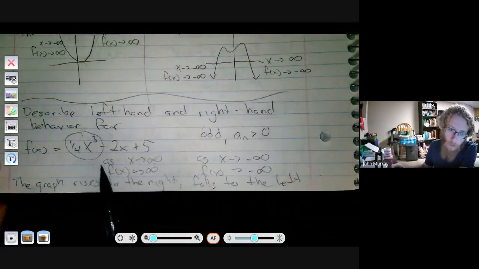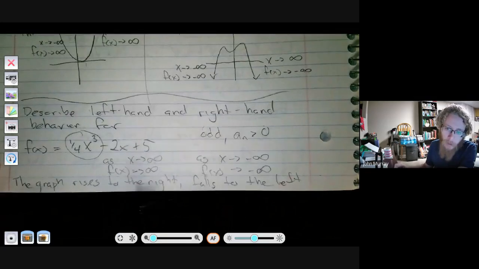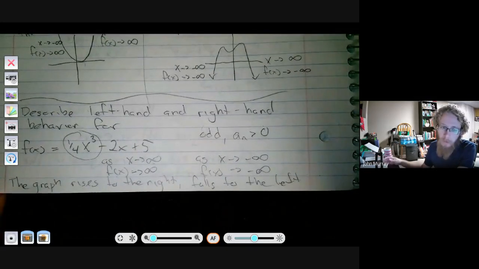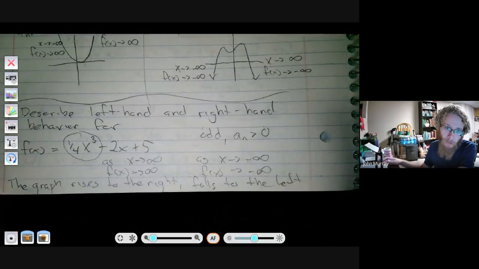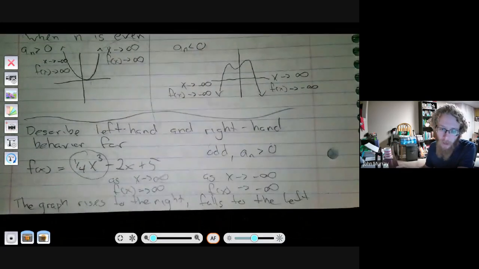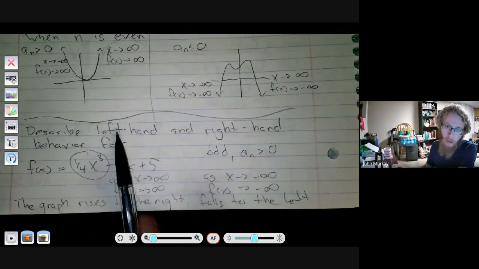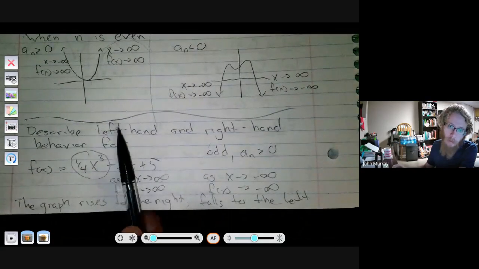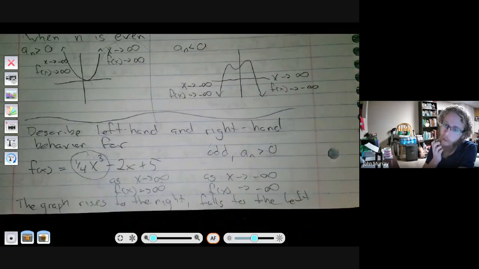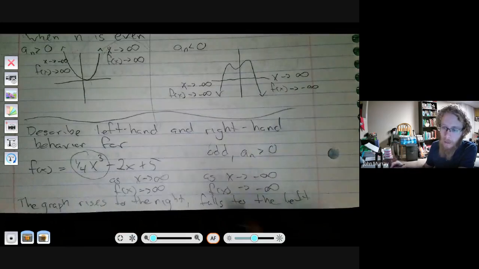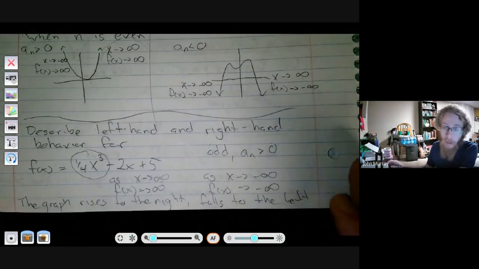If you don't feel comfortable writing it out like this, you can write in words what's happening. This fits a little better with how they might express it with left hand and right hand behavior. So you could say, to the right, the graph rises, to the left, the graph falls.